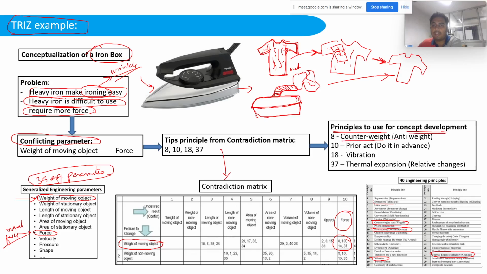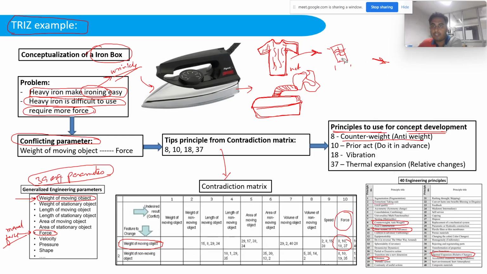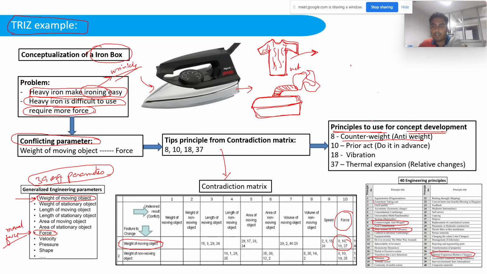So what are those concepts? Counterweight. Let me check how we can use this. Counterweight means anti-weight. You may think about having a light iron box, but you want to make it heavy during operation.